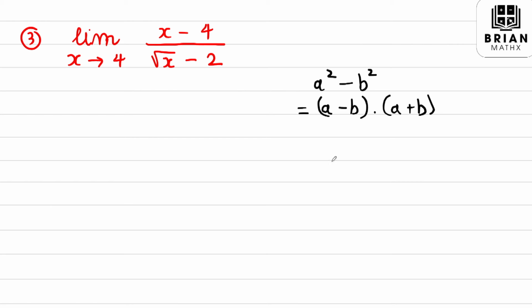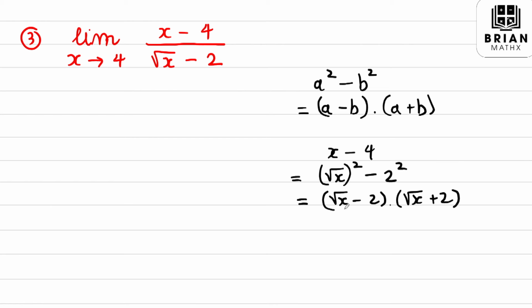And I will rewrite x minus 4 in another form. x minus 4 means square root of x squared, and 4 means 2 squared. So this has the form a squared minus b squared. Square root of x squared minus 2 squared means square root x minus 2 multiplied by square root x plus 2. So I will apply this method to this limit.